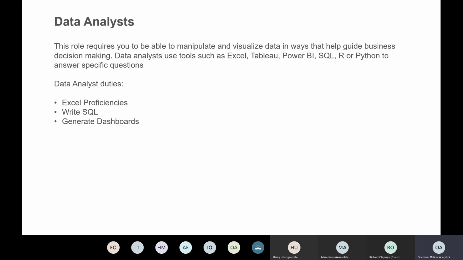Then you have your data analyst. Your data analysts are people who go into data to make first-hand requirements gathering. Let me put it that way. So business analyst and data analyst functions sometimes in many organizations are joined together.